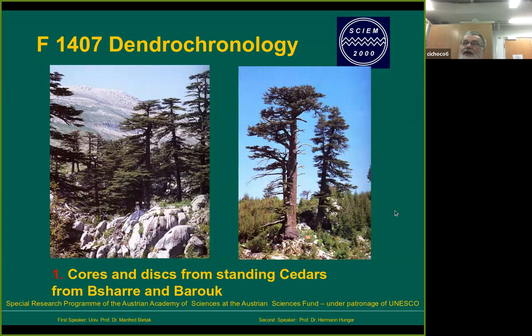Here you have several of these cedar trees in Bsharri. There this is a holy grove. A wall was built around by Queen Victoria, and inside it's possible for the cedars to re-establish young seedlings, because cattle is kept outside because of this wall.